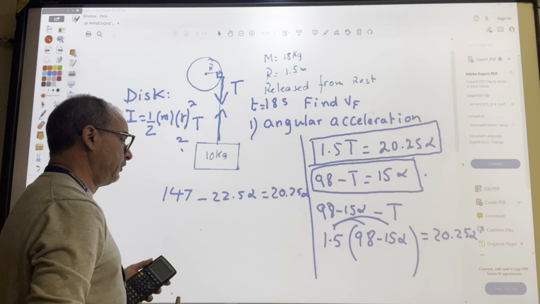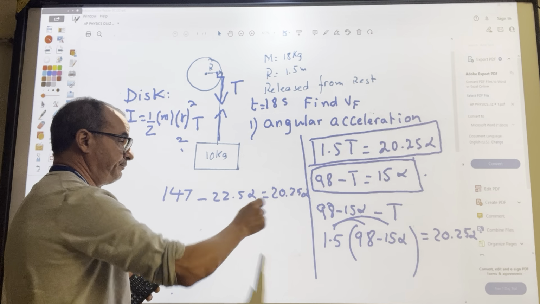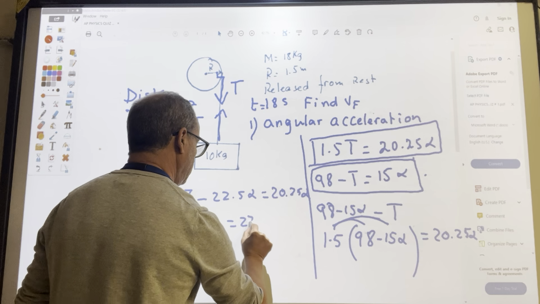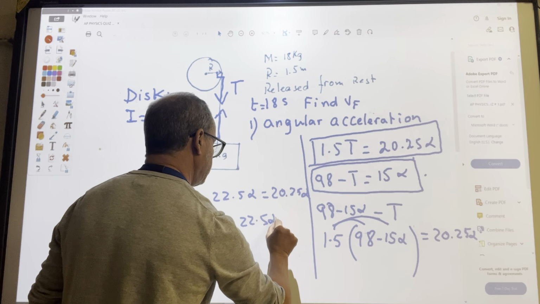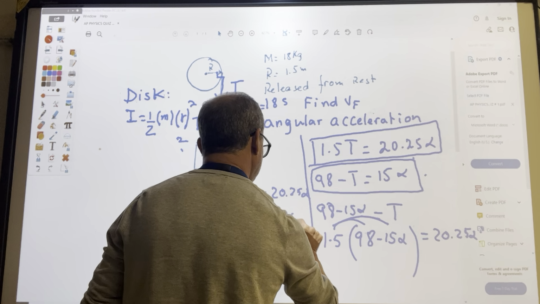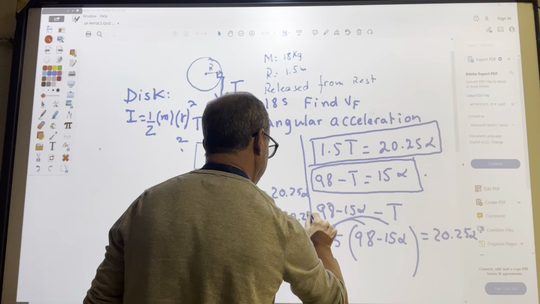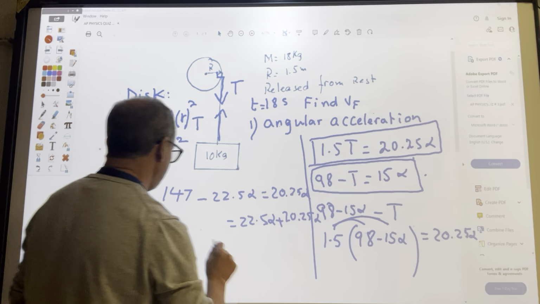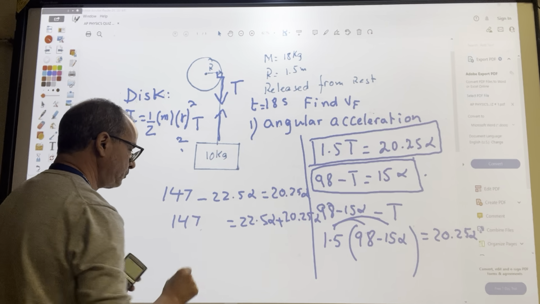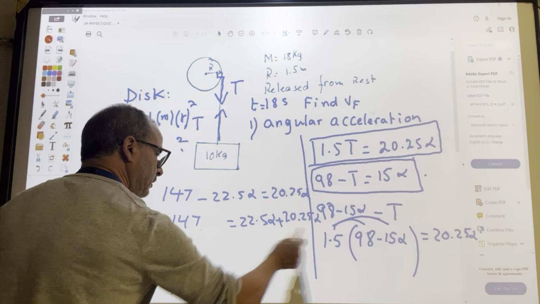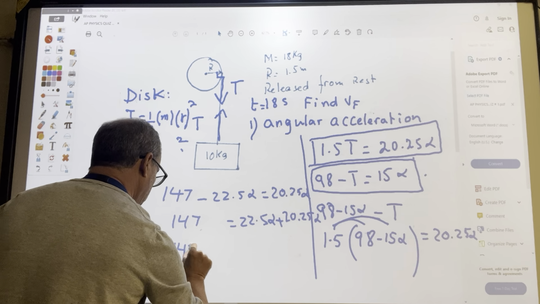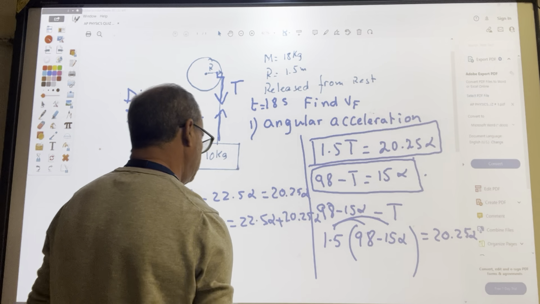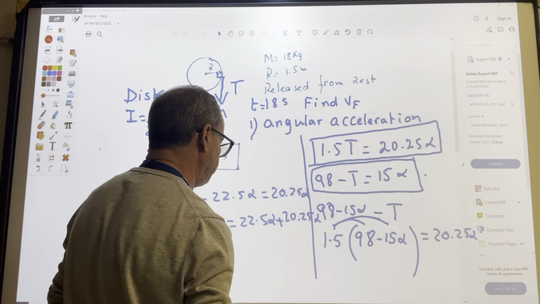So how do I solve this? Well, I move this on the other side, so I have 22.5 alpha plus 20.25 alpha, and then equals 147. All right, let me combine these two, which is 22.5 plus 20.25.